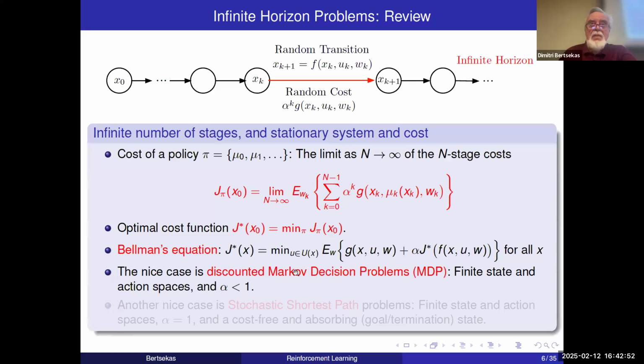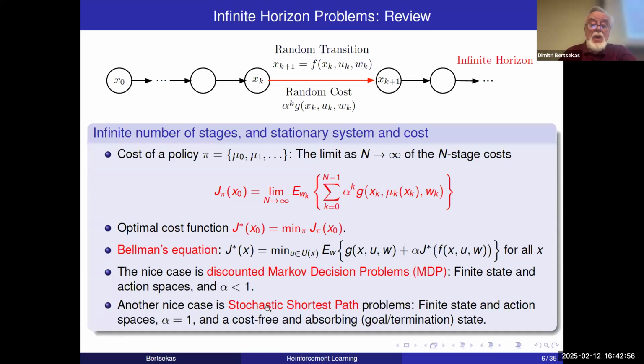There are other important problems, in particular stochastic shortest path problems, where you have a goal state that you're trying to reach. And this goal state is cost-free and absorbing. Okay, so once you get there, you stay there. Games like chess, for example, have a goal state or a termination state, namely the end of the game.